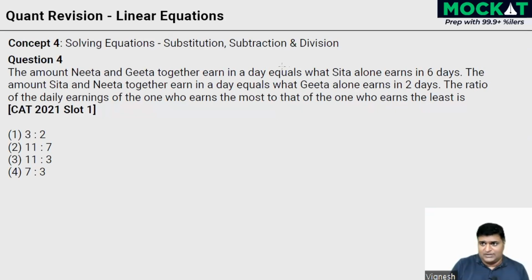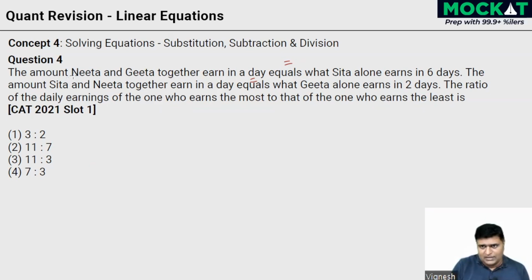So clearly in this case we have only 2 equations, but we have 3 people, 3 variables, right? Like in the previous question, we will not be able to solve for the value of each of them, but I can find the ratio of the variables, because there is no constant involved, right?